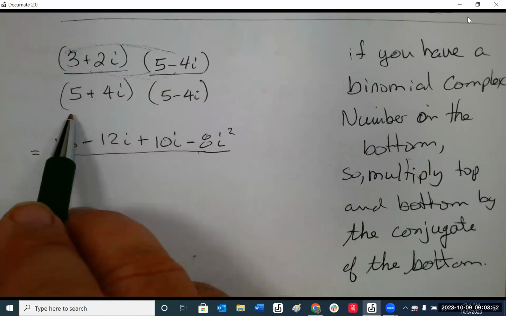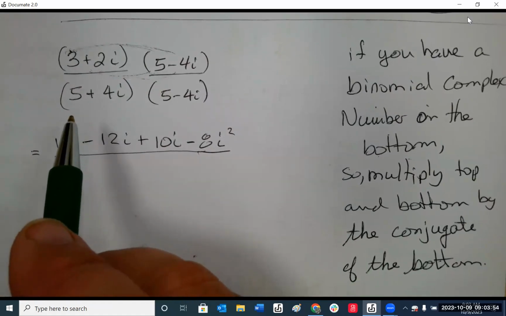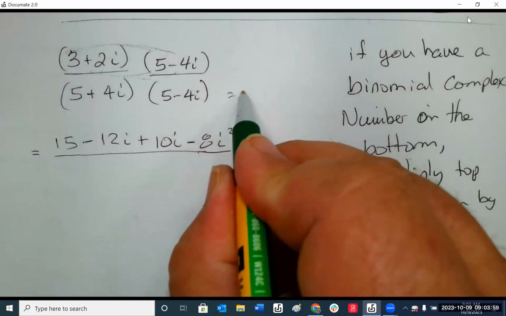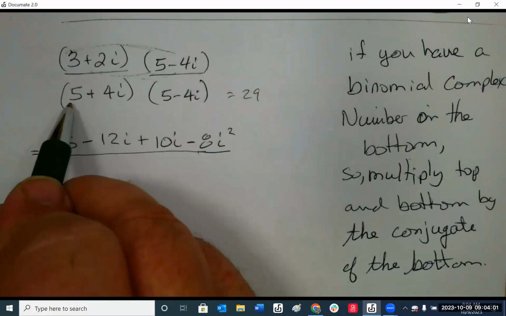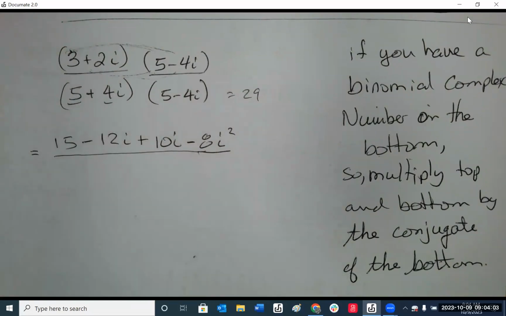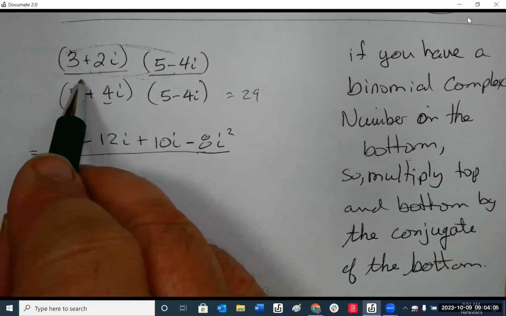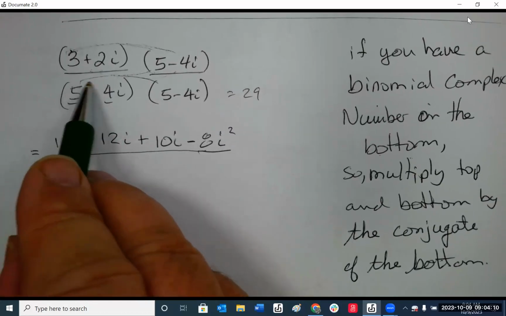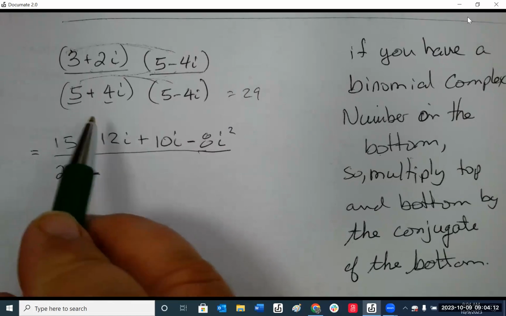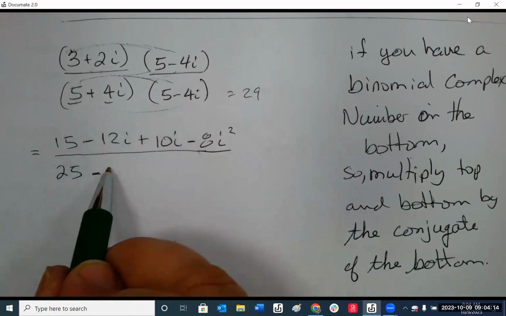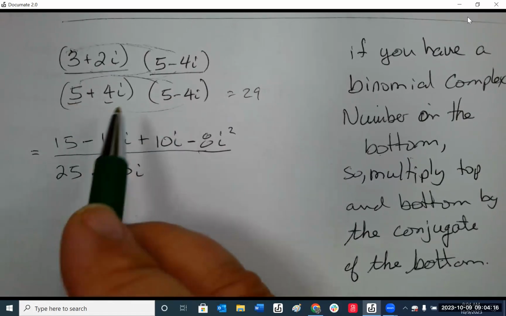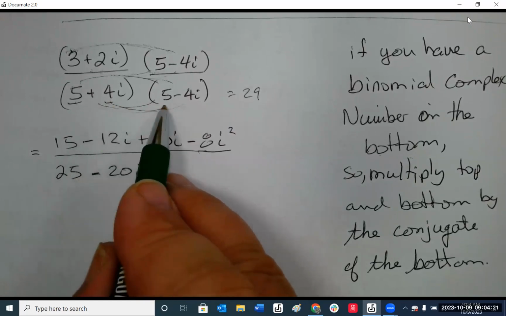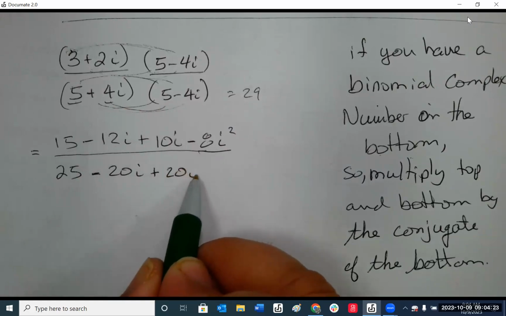The bottom, we know what it's supposed to be already. We can do it in our heads, I hope. We know it's going to equal 29. 5 squared plus 4 squared. If you don't remember that, then just work it out. 5 times 5 is 25. Positive times negative is negative. 5 times 4 is 20i. Positive times positive is positive. 4 times 5 is 20i.